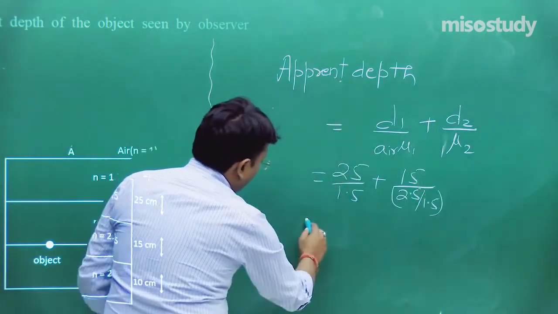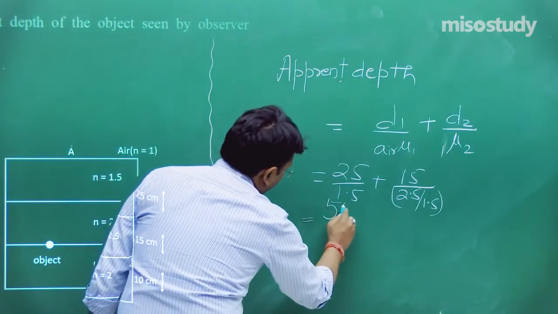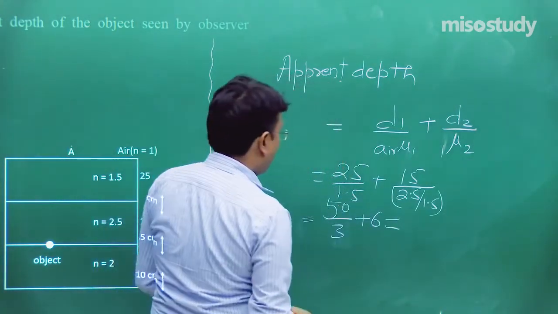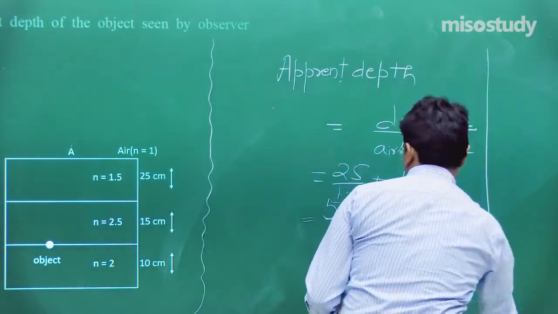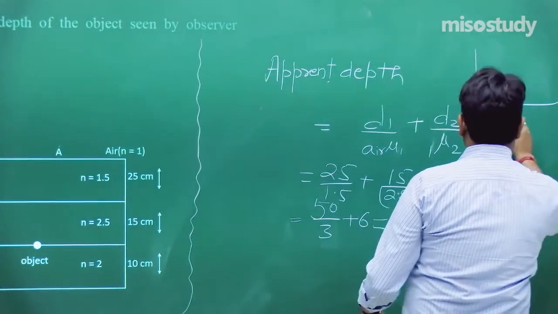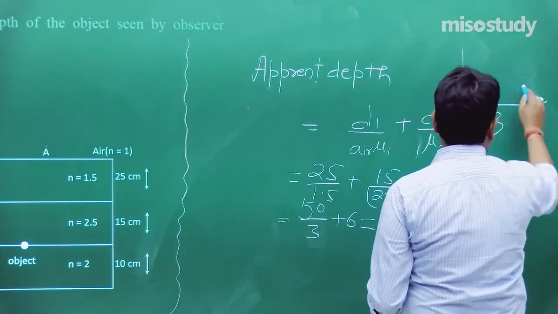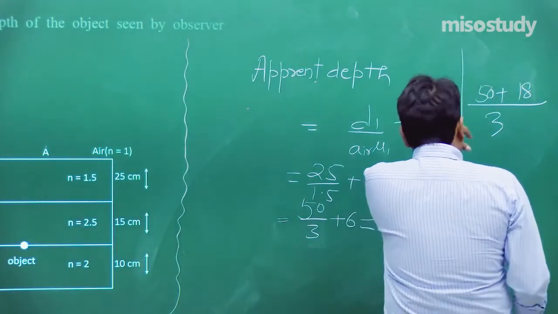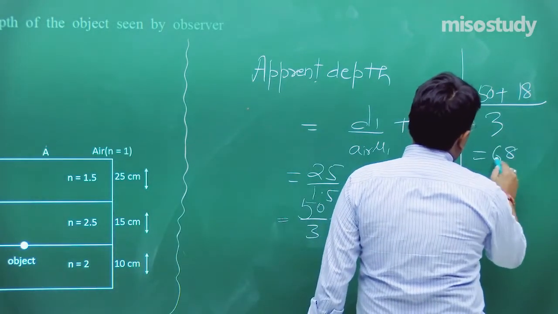Fine. Solve it. You will get it as 50 by 3 plus 6. So how much will it be? It's going to be 3, then 6 3s are 18, 50. So it's going to be 68 by 3.